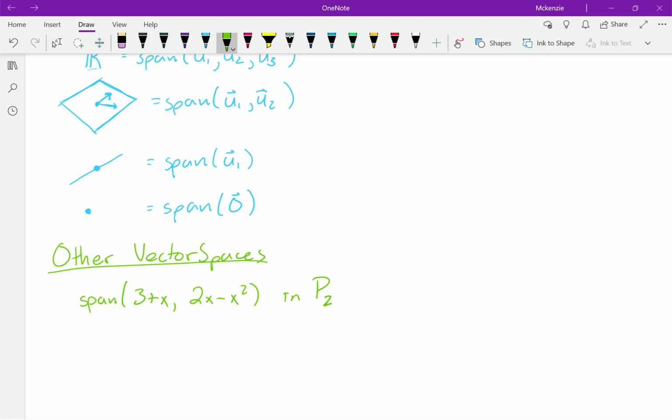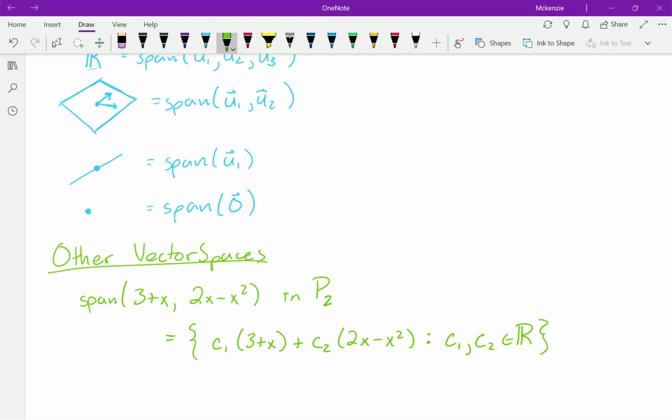Well, in some sense, this is just the set of scale the first polynomial and scale the second polynomial and add those 2 things together, such that C1 and C2 are real numbers.